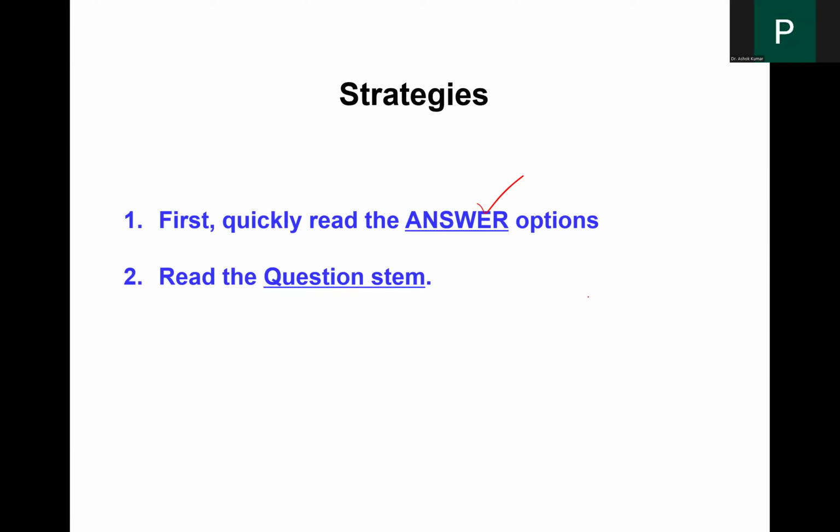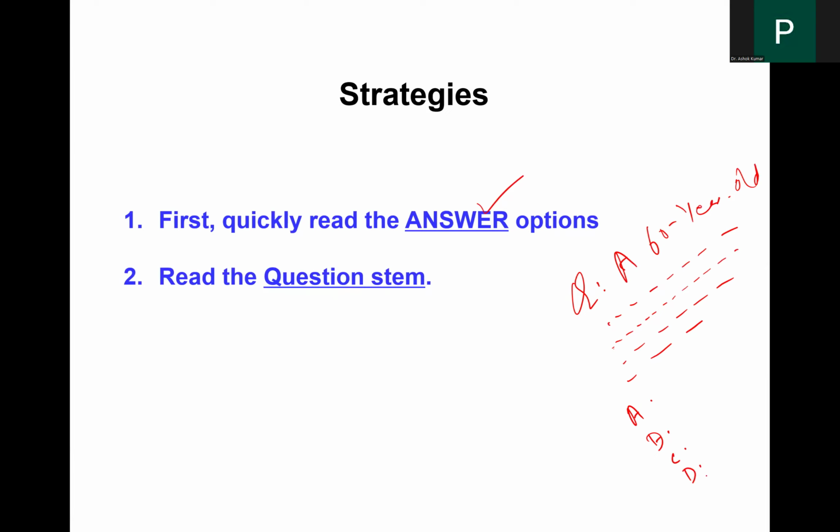Let's say the question is about a 60-year-old woman who comes with complaints of difficulty in breathing and so on. Instead of reading this, you first see the options A, B, C, D, E.